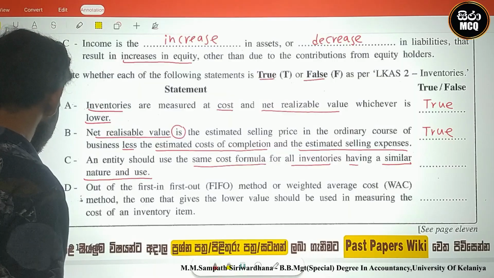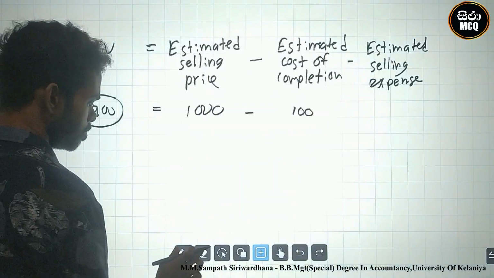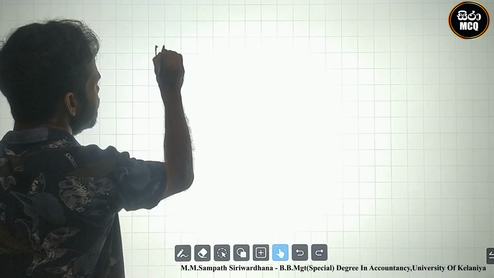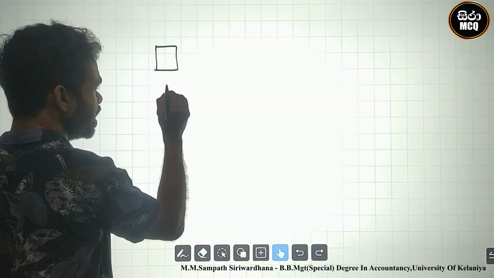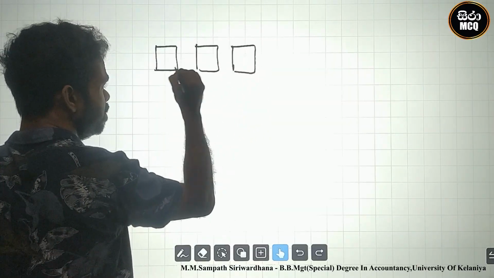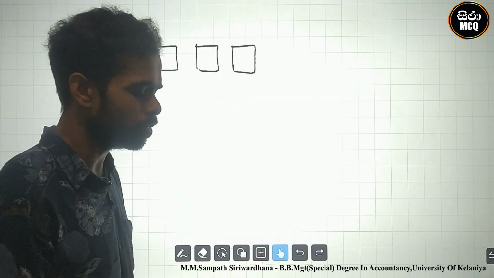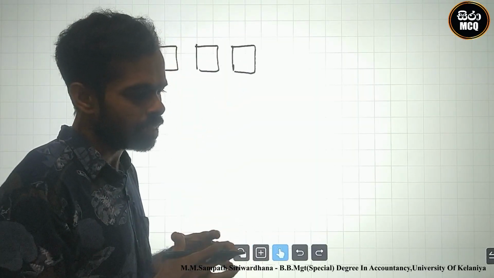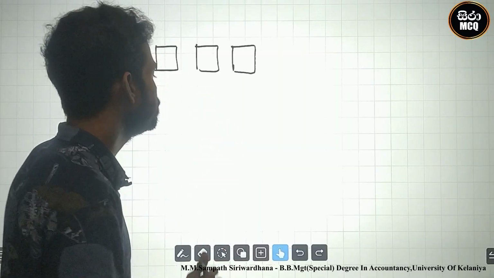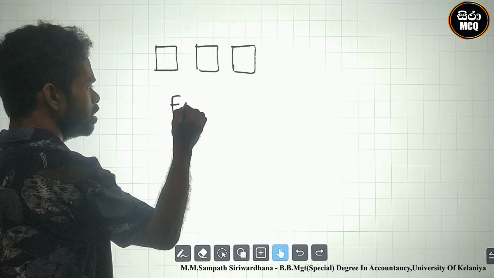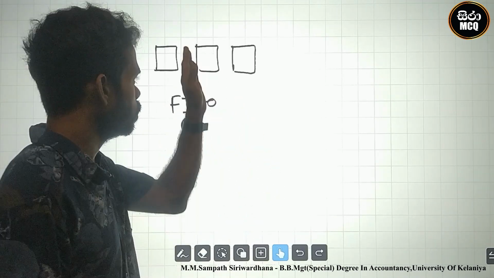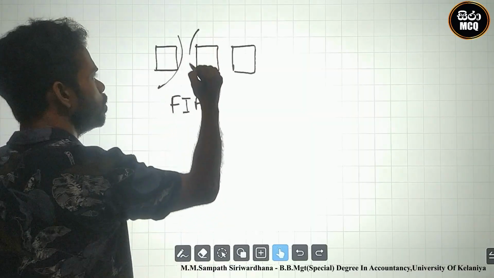Look here, some inventories are separately identified. For example, there are milk packets, and we can identify them clearly: one, two, three, four. They are separate items, so we can use the FIFO method. Why? This is the old one, this is the new one.